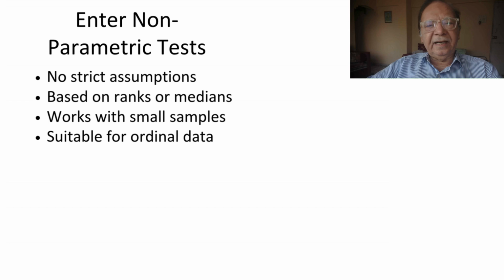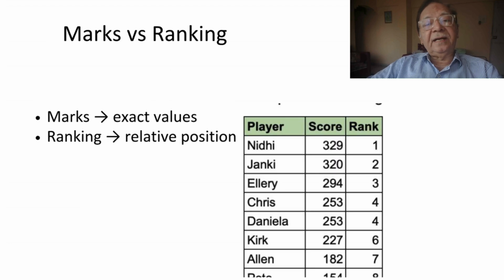Let us understand this with a simple idea. Suppose instead of comparing exact values, you convert your data into ranks. For example, instead of focusing on exact satisfaction scores, you rank the responses from lowest to highest.